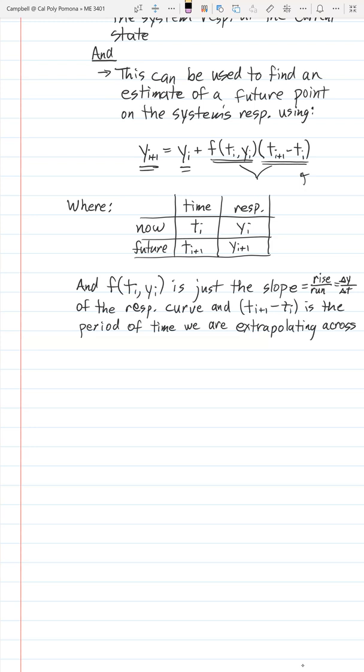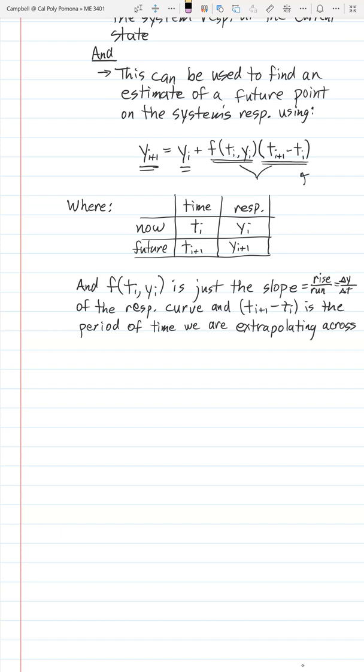And once we have that slope, we can use it to find a point in time, not far away from our current point, that will give us a future value of the system response in the very near future.